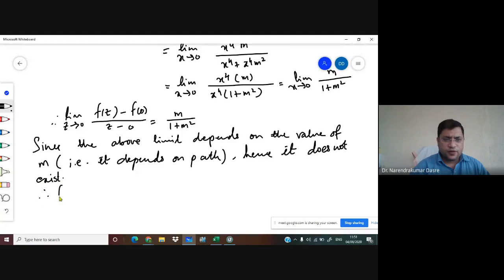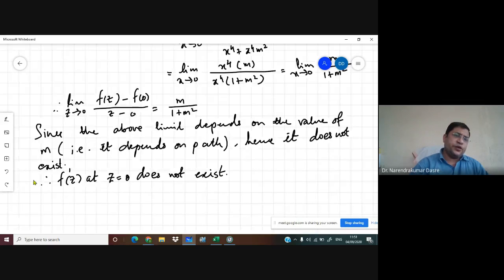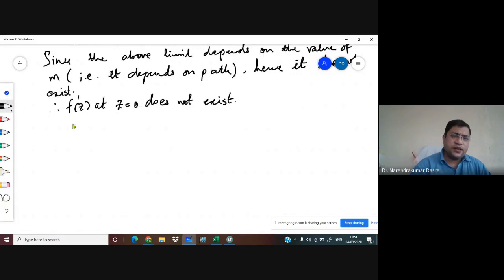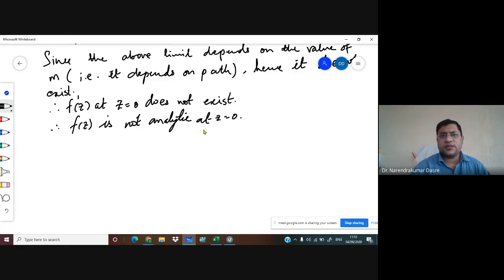So we can say f dash of z at z is equal to 0 does not exist. So if the derivative does not exist, then we can say the function is not analytic, and hence f of z is not analytic at z.